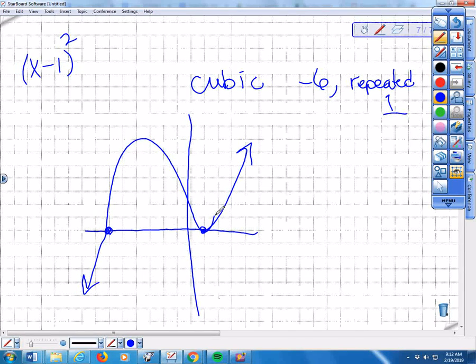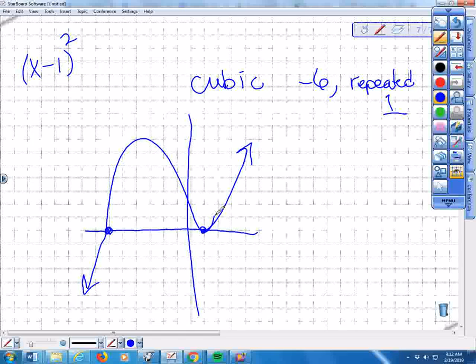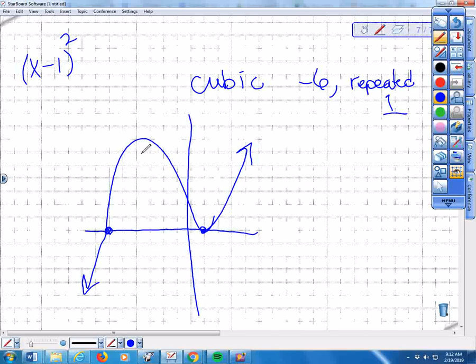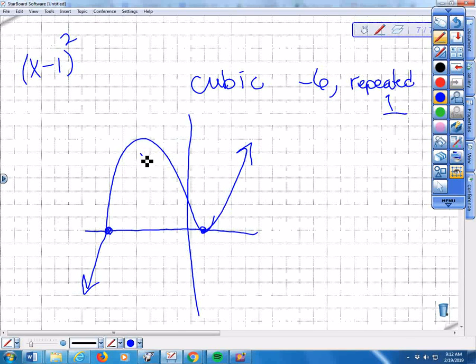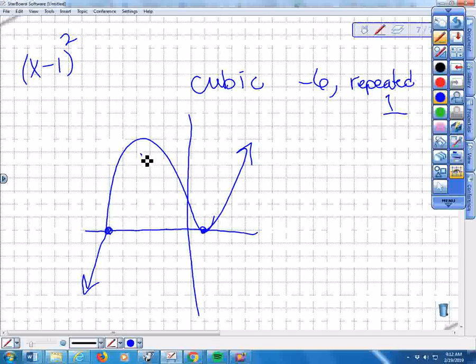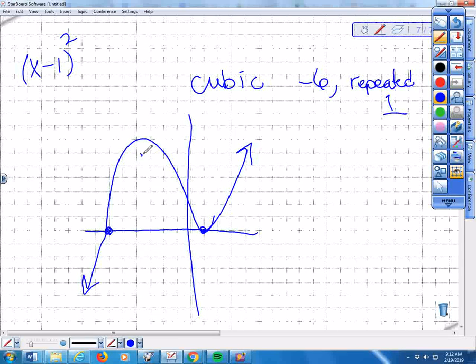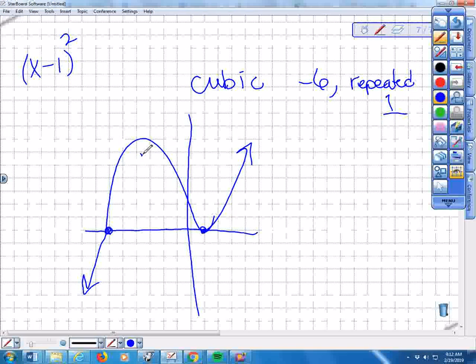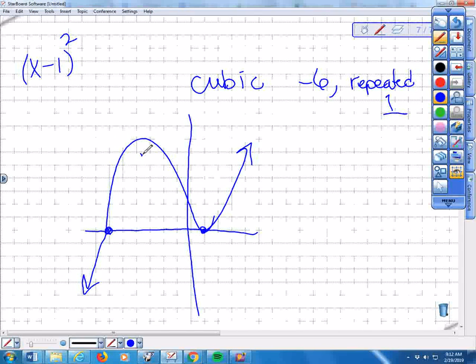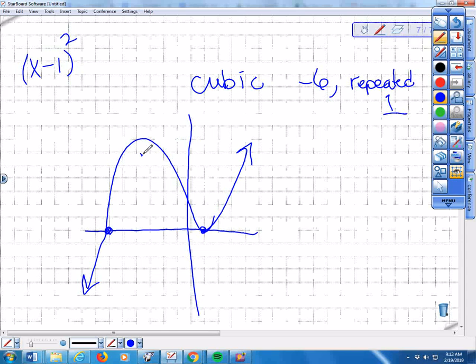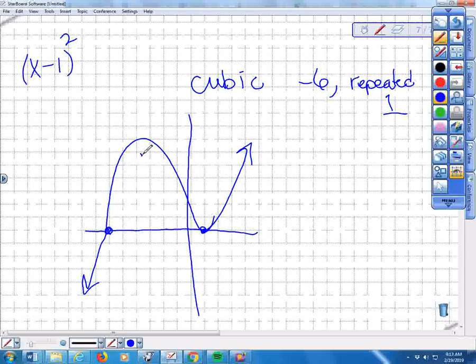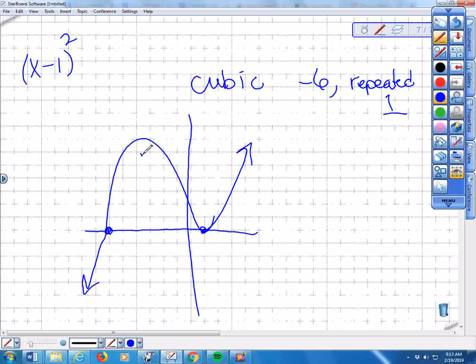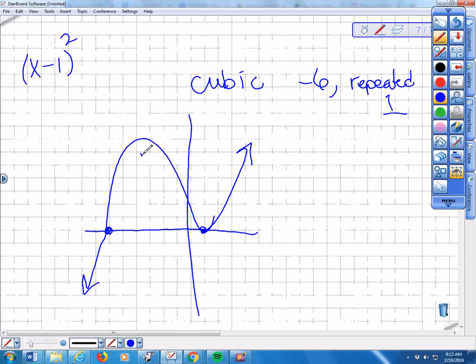The only thing that I really can't get without calculus is what this value is, what the local maximum is. Okay, so tomorrow we're going to talk about how to find that on a graphing calculator. For now, when you're asked to sketch it, all you know is the maximum occurs somewhere in this area, but you don't know exactly where. That's why it's called a sketch and not a precise graph.